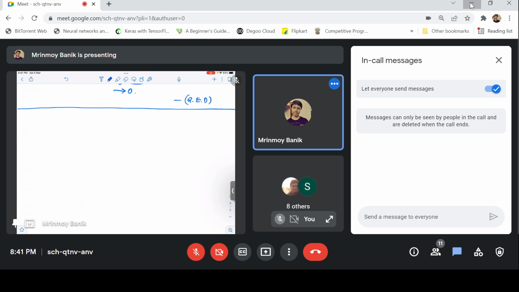So n factorial for really large n can be approximated as square root of 2 pi times e power minus n times n power n plus 1 by 2.